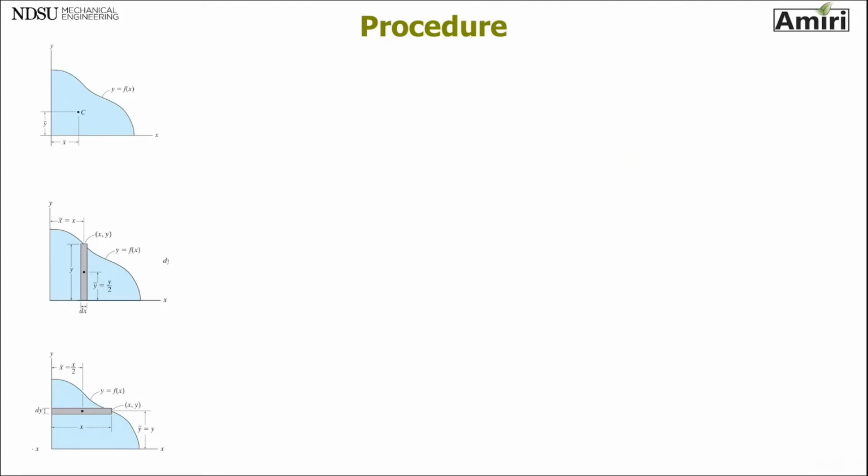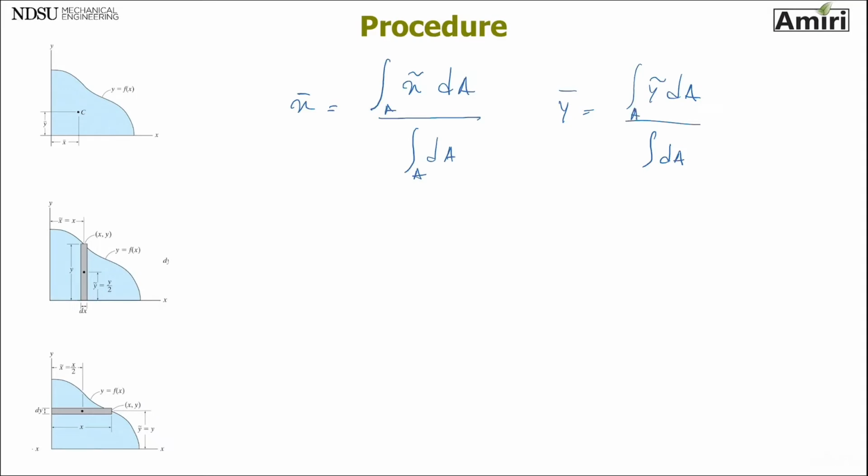So x bar equals integral of x tilde dA over integral of dA, and same thing with y bar, integral of y tilde dA over integral of dA. Again, remember these are area integrals. So to find x bar, we need two things.